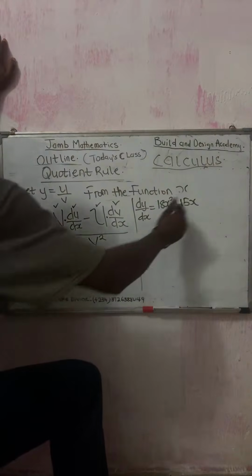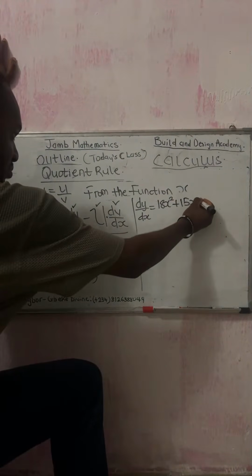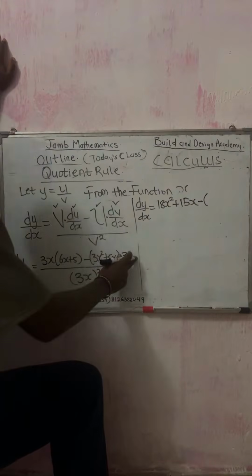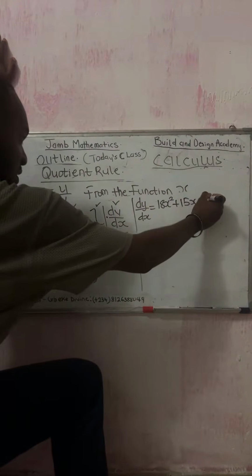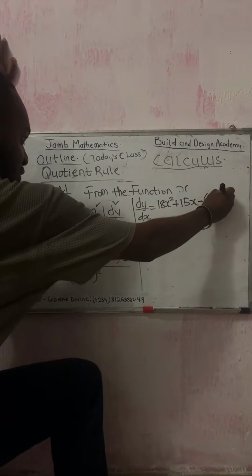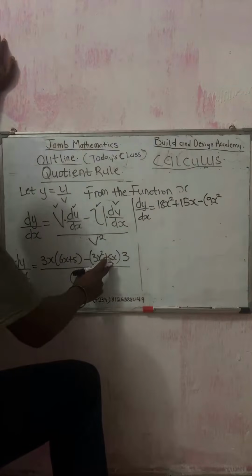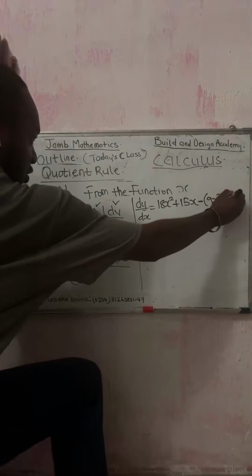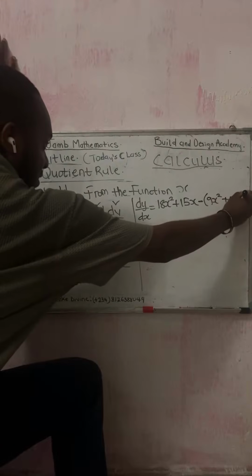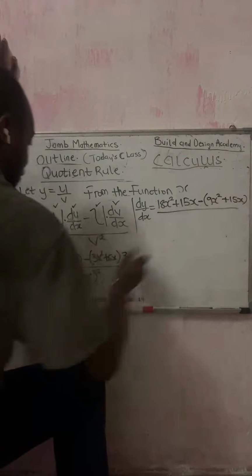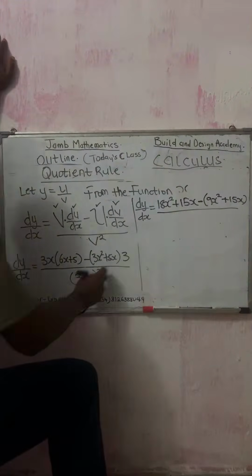Now minus 3 times 3x squared will give us 9x squared. 3 times 5x will give us plus 15x. All over 3x squared.